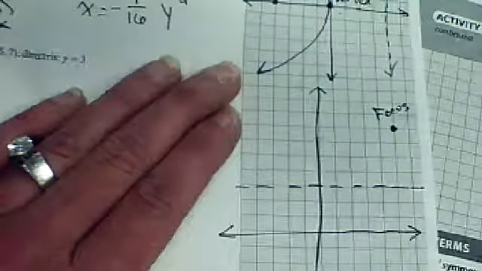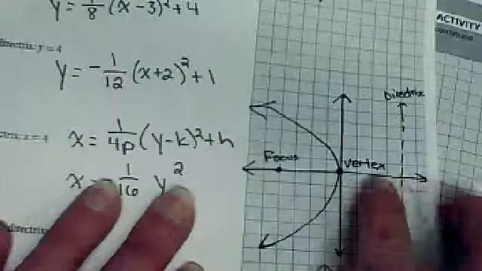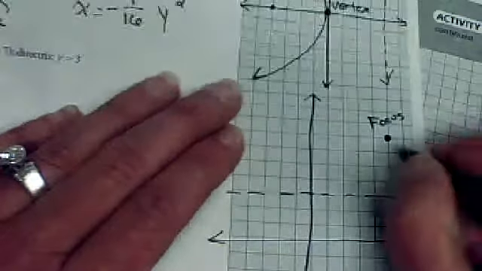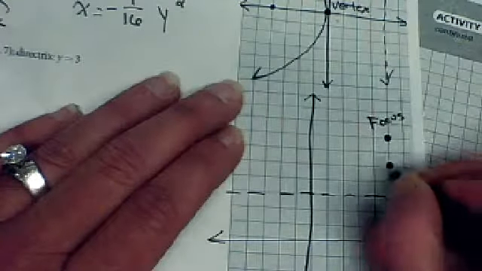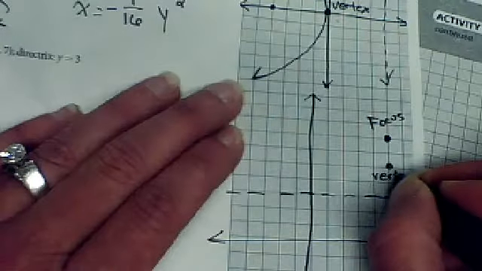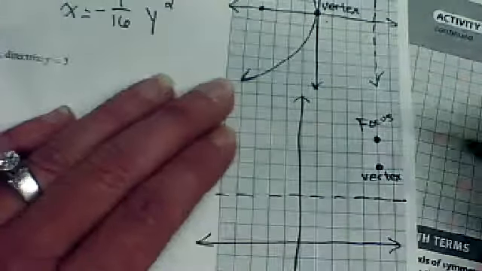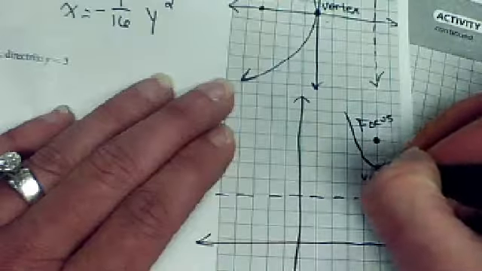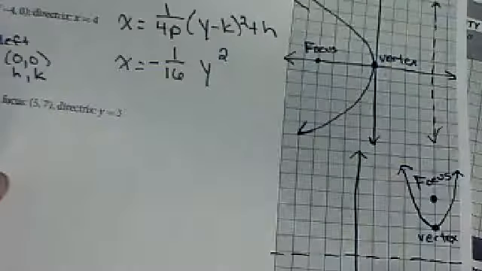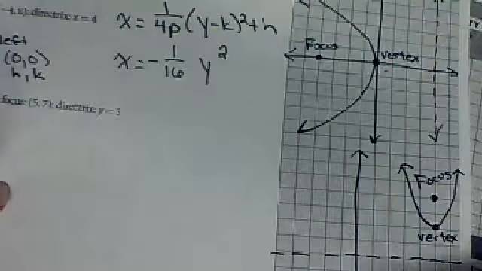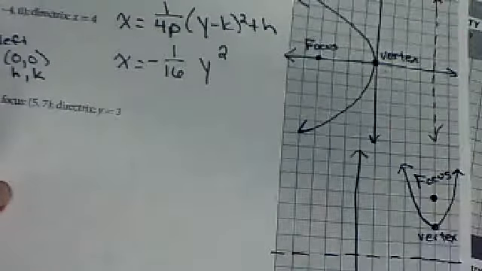So where's the vertex? Well, remember on here, it was halfway between the focus and directrix. So halfway between is going to be this point right here. That's my vertex. Now remember, it's opening up. So what are the coordinates of that vertex? Well, that was 5, 1, 2, 3, 4, 5.